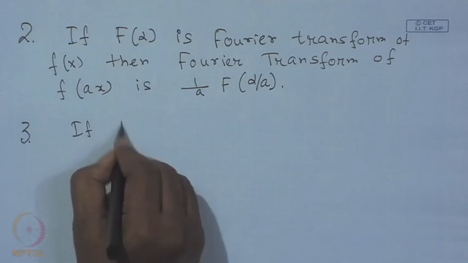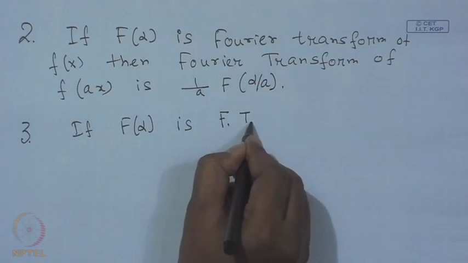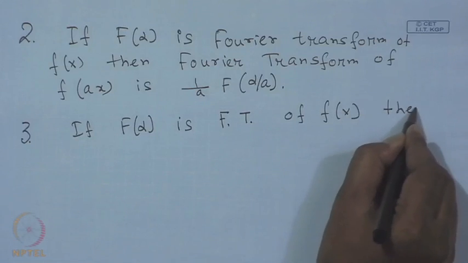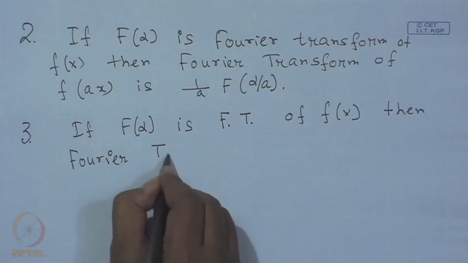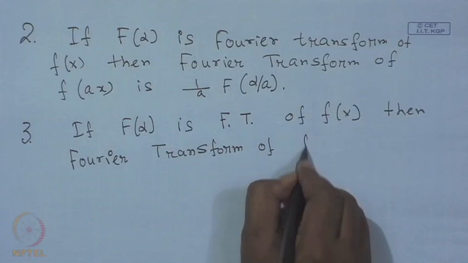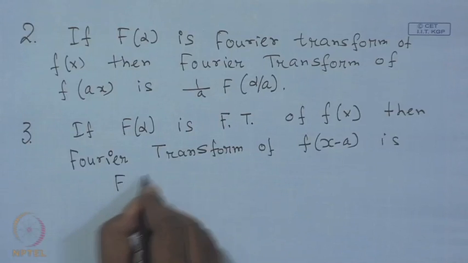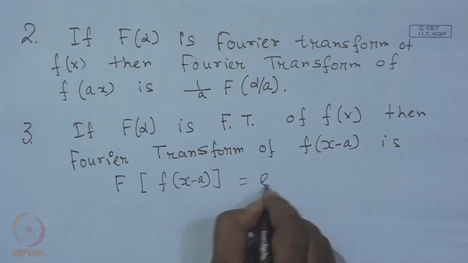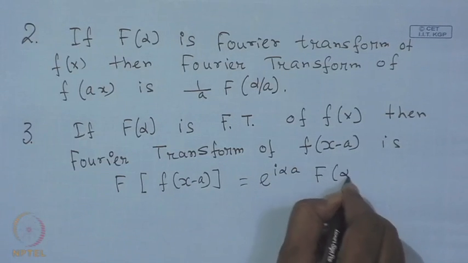If F(alpha) is the Fourier transform of f(x), then the Fourier transform of f(x minus a) is given as e to the power i alpha a times F(alpha).